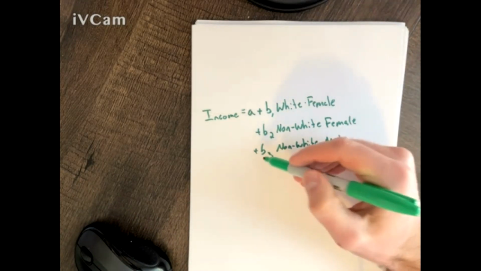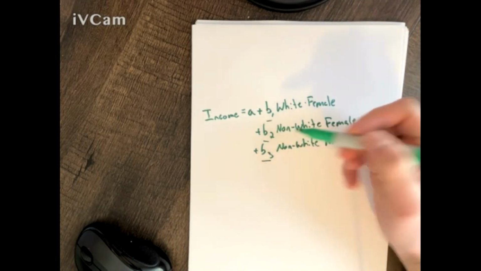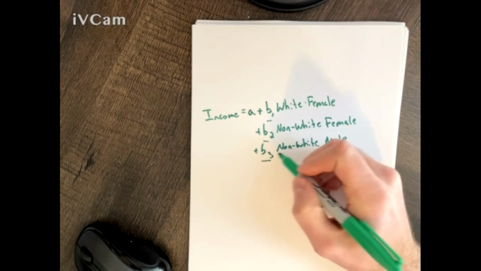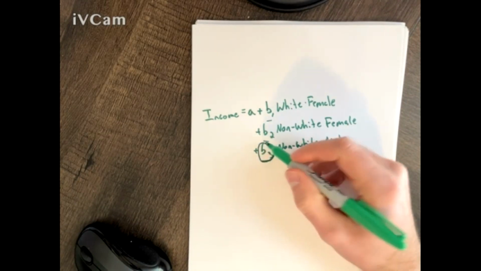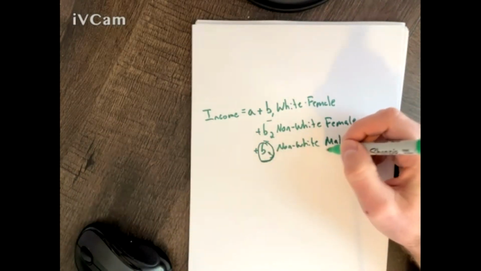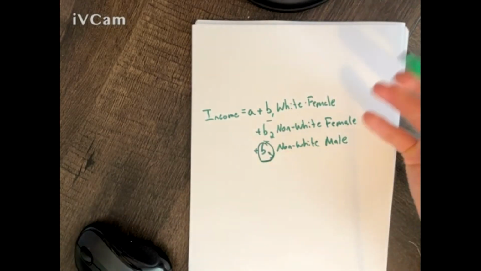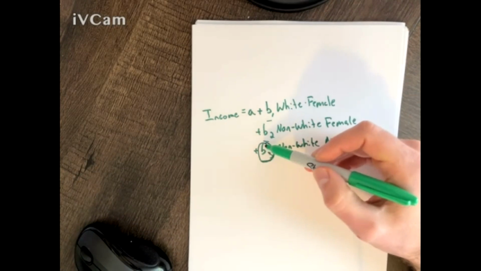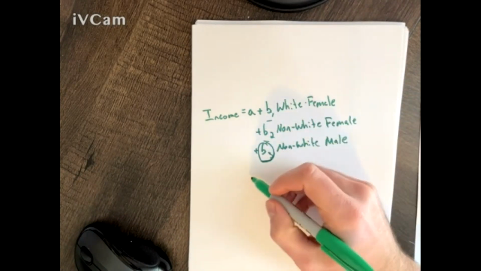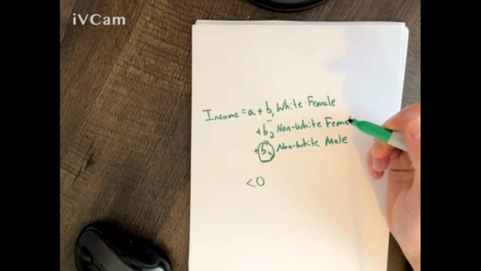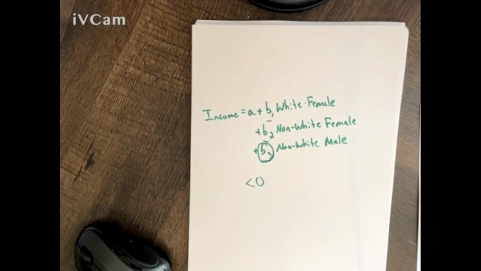So now, whenever I come up with these coefficient estimates, the interpretation is, here's the predicted change in income for a non-white male relative to a white male. I would imagine if we run this regression, we probably find that all of these coefficients are less than 0. If we just look at the averages, we know that plays out.